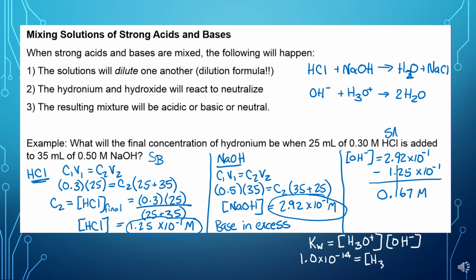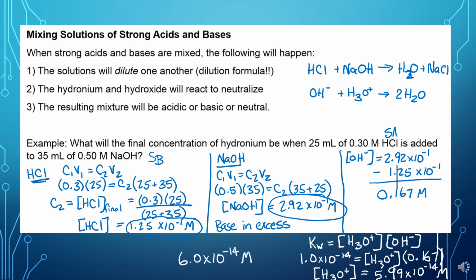I'm going to solve for the concentration of hydronium, and I'm going to substitute that excess hydroxide into the expression. So I'm going to rearrange this formula, solve for the concentration of hydronium, and I get 5.99, I guess we're going to go 6.0 times 10 to the negative 14 moles per liter. So there we go, 6.0 times 10 to the negative 14 moles per liter is the answer to that question.